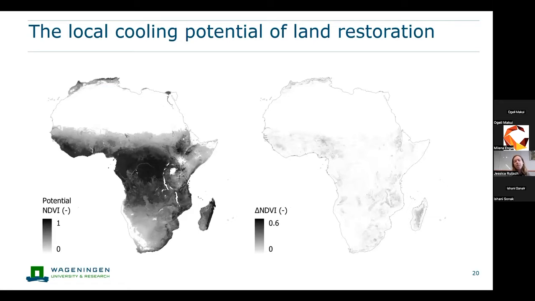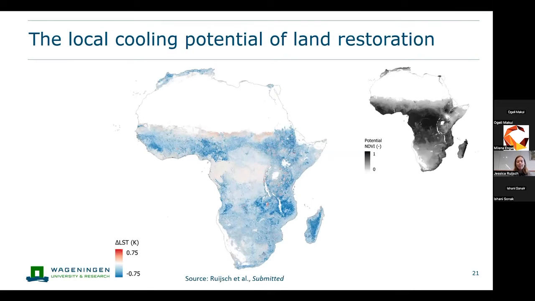And then on the right you see the difference with the current NDVI. And I think it's important to note that this is only constrained with climate and not with socio-economic factors. Thus there's no land allocated, for example, for agriculture or cities.